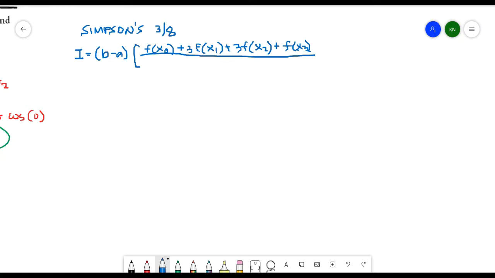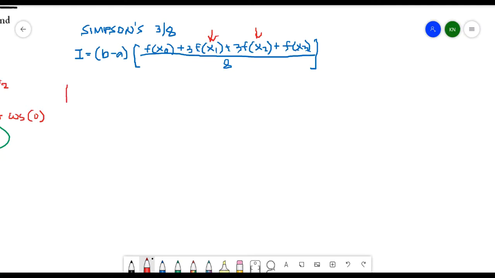So that's why we have x sub 0, x sub 1, x sub 2, and x sub 3. These represent the 4 points in our graph. So we also need to find the values of x sub 1 and x sub 2, but x sub 0 and x sub 3, we already know the values.